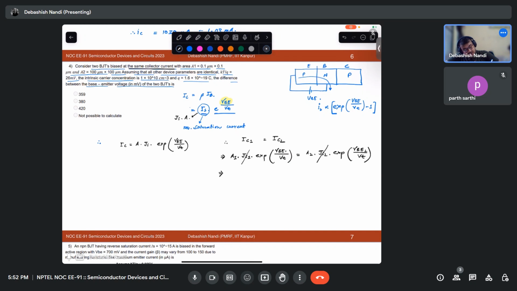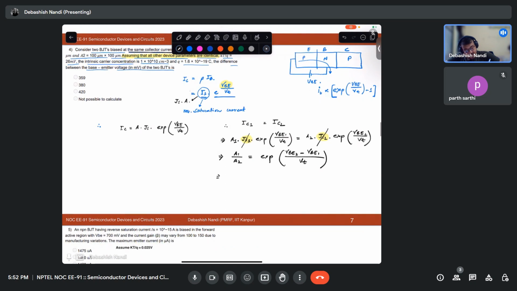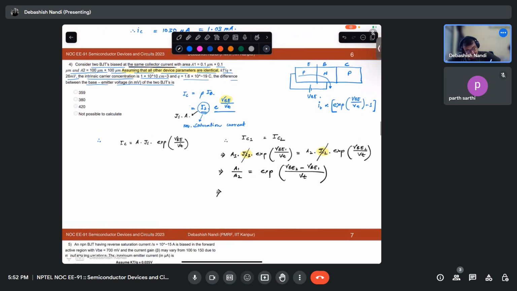It is mentioned that all other device parameters are identical. That means these two terms are identical. So now what can we write? Your A1 over A2 is equal to exponential VBE2 minus VBE1 over VT. Fine. What is your A1 and A2? A1 is given as 0.1 into 0.1 over 100 into 100.